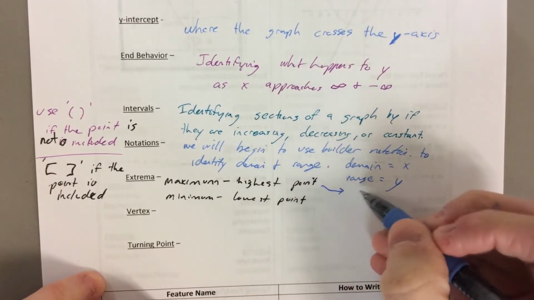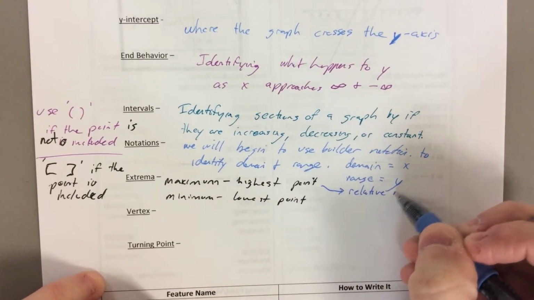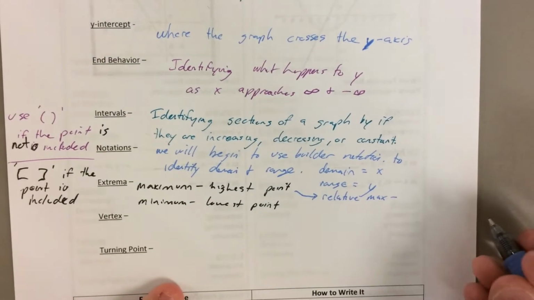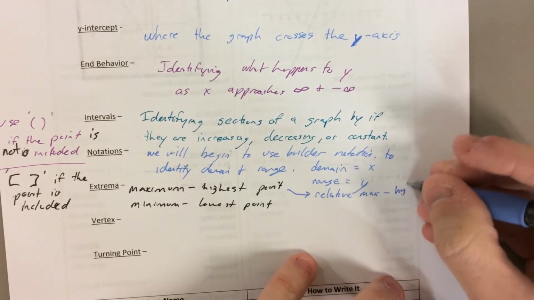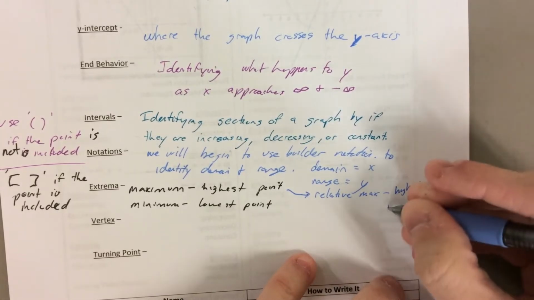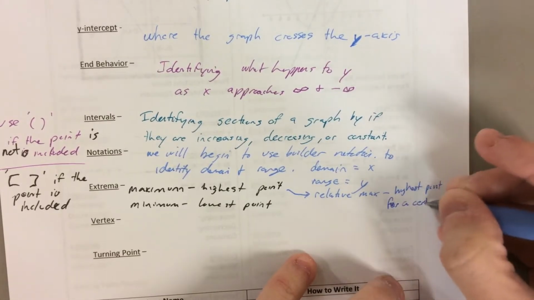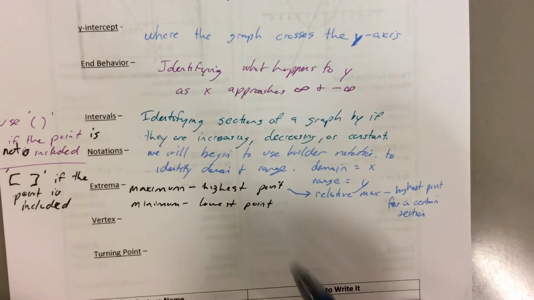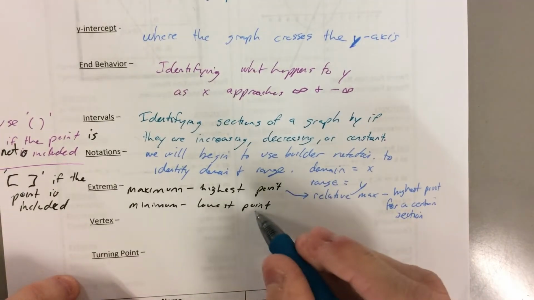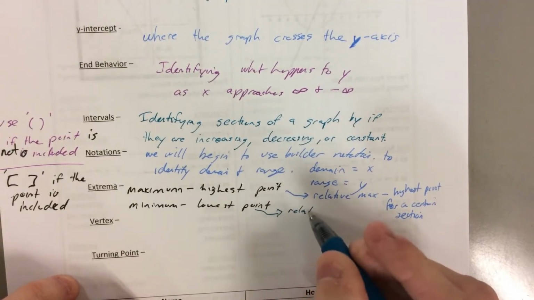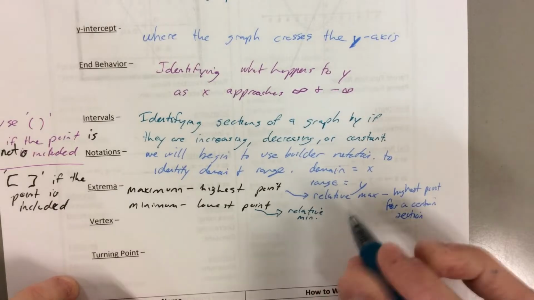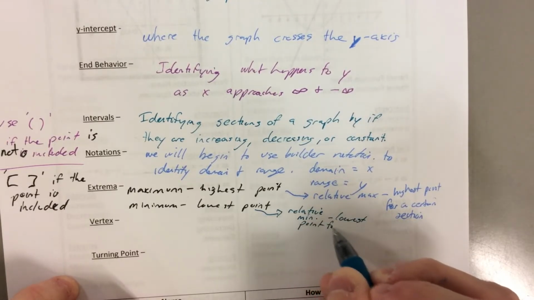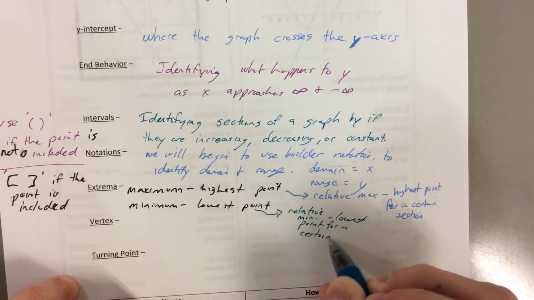So we got relative maximum, which is going to be the highest point for a certain section. And then relative minimum is the lowest point for a certain section.